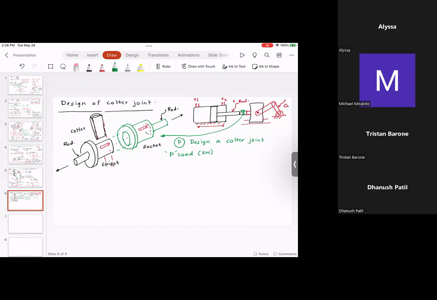But for calculations, we will have to convert these loads to Newton, where the spigot and socket are made of some material, say steel or cast iron.